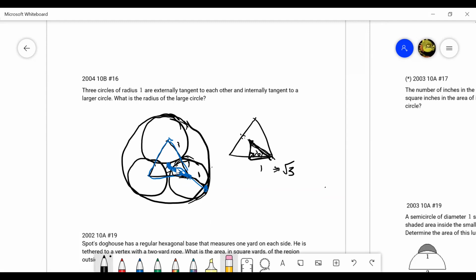So the ratio of the hypotenuse to this side length is 2 over square root of 3. That means 2 over square root of 3 times 1 is the length of this hypotenuse, which is just 2 root 3 over 3. So our final answer would be 1 plus 2 root 3 over 3, or 3 plus 2 root 3 over 3.